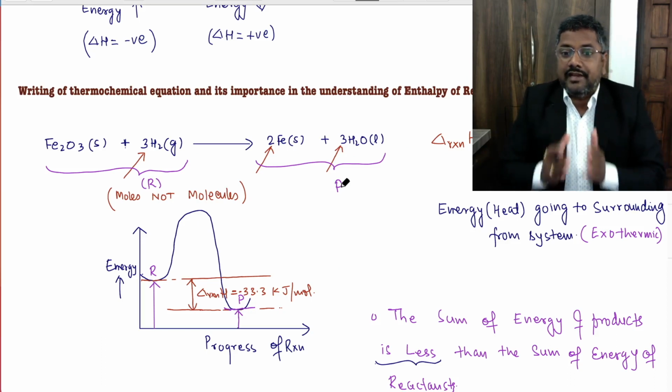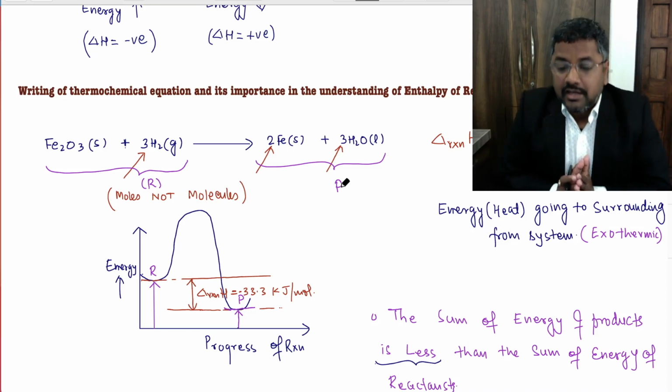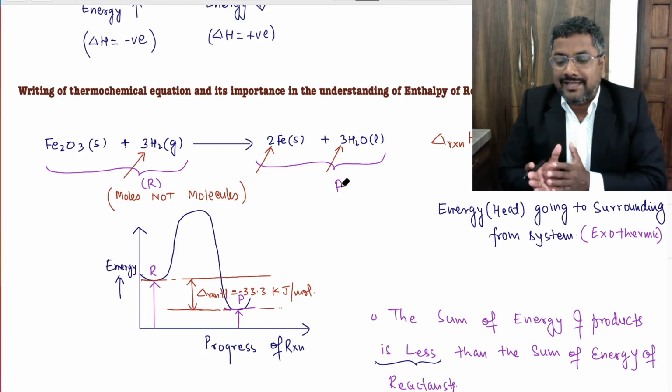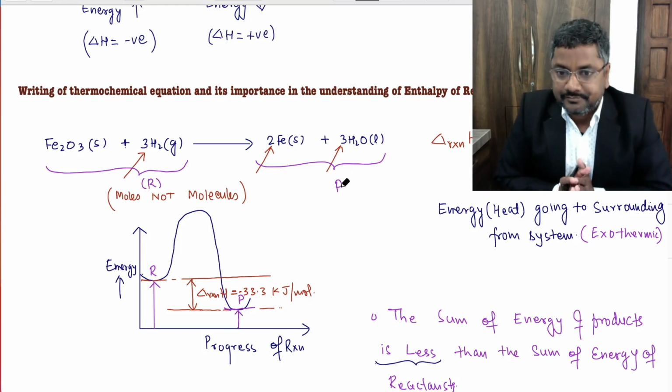Now I am creating one more problem for you, and you have to think on this problem seriously, because in the next few lectures I am going to introduce another thermodynamic function, and the cause of that introduction starts from here.